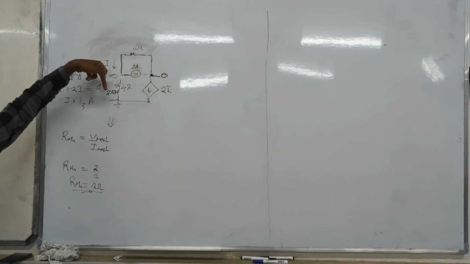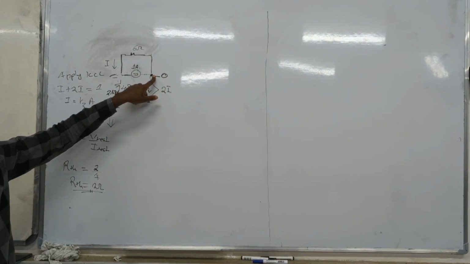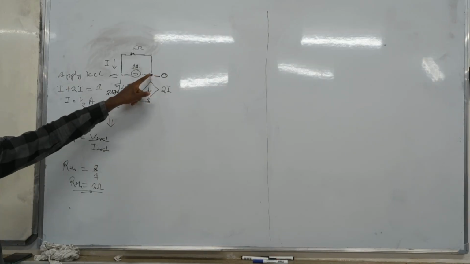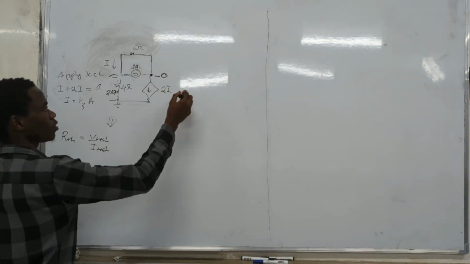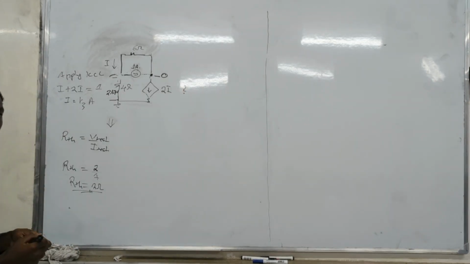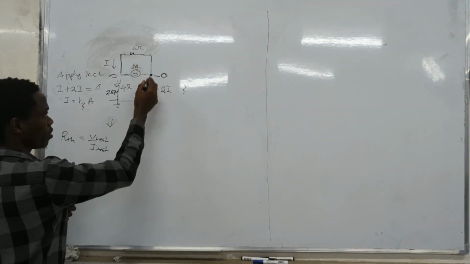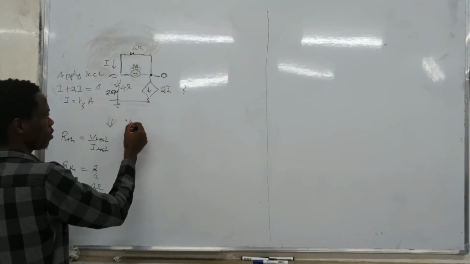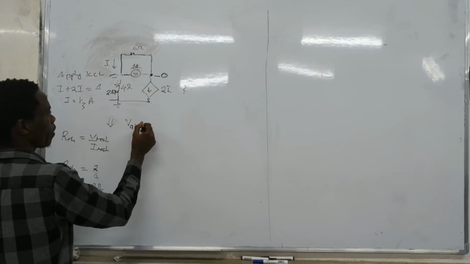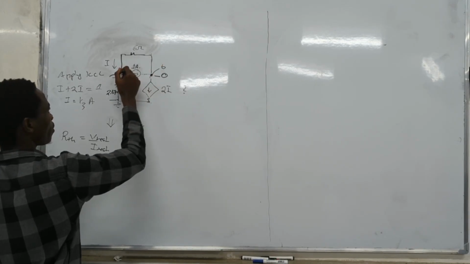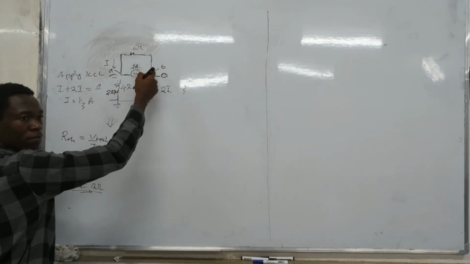There are various ways of getting the voltage, but the easiest is you set this as 0. So if we start from this point, this is 0 volts. You start walking, you find a source. So this source has some voltage. You don't know it. So 0 plus this, let's say this is V. We want to find VAB. This is B, this is A. So you start from B, you have 0 volts.